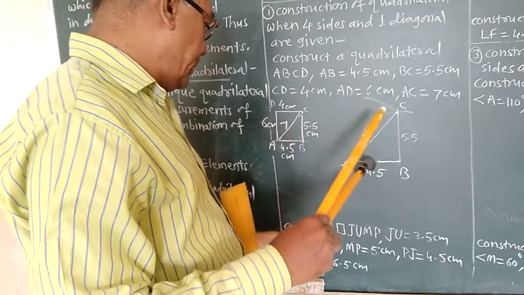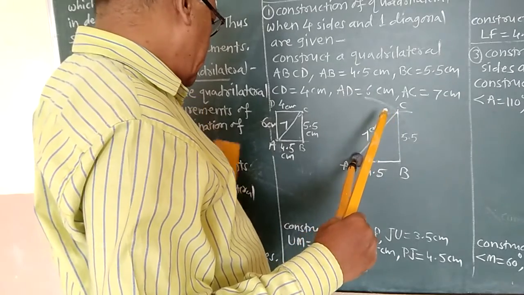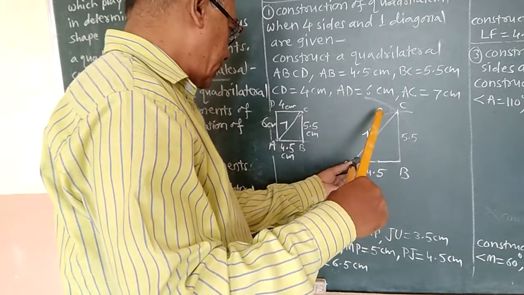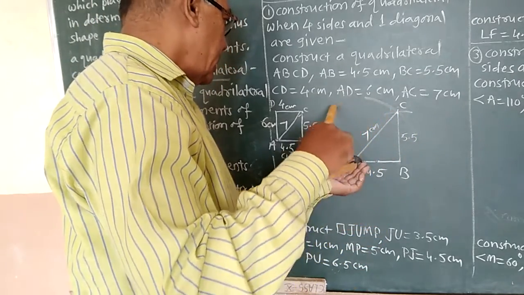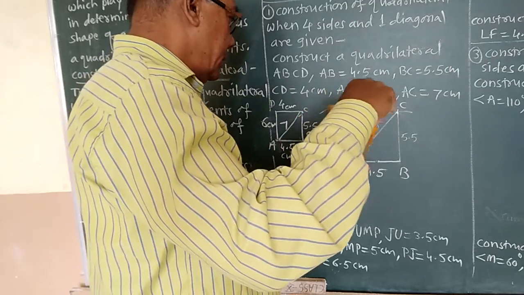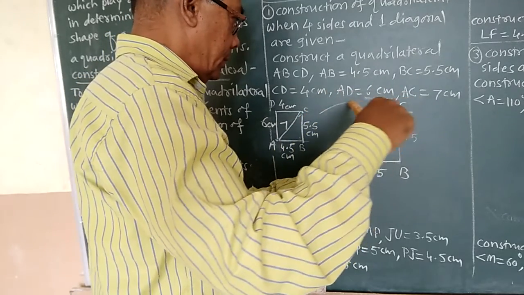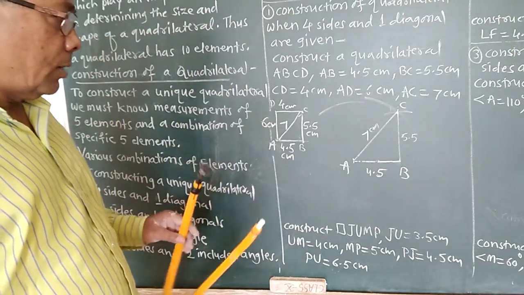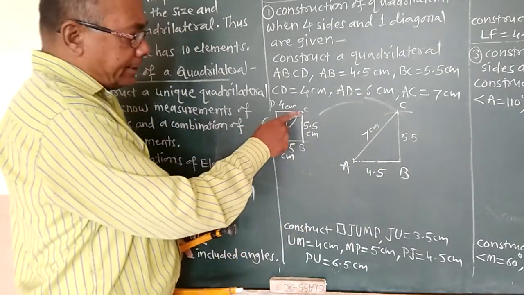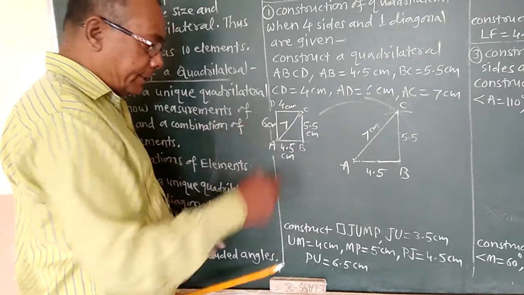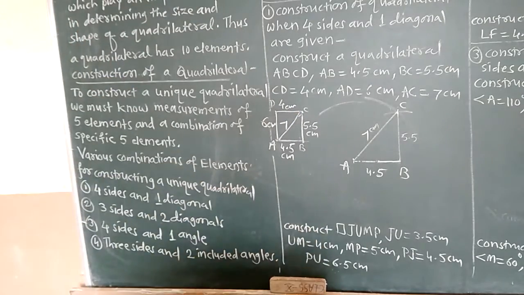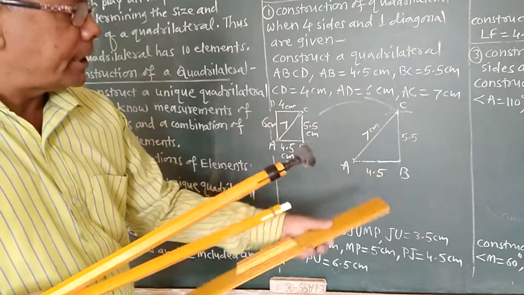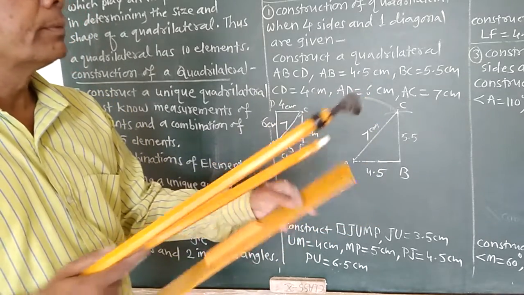Put the measuring point on A and draw the arc. And now we have to take distance 4 centimeter in a compass. Here we will take 4 centimeter in a compass.